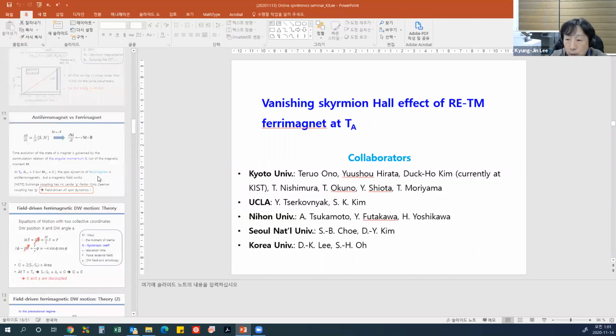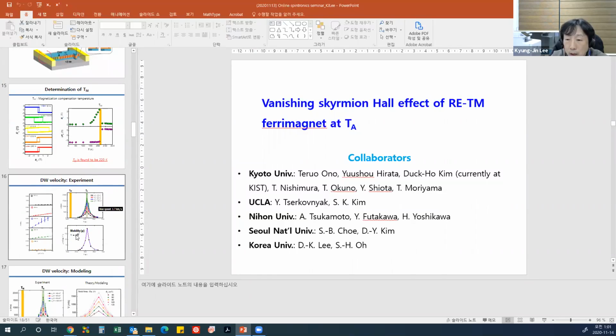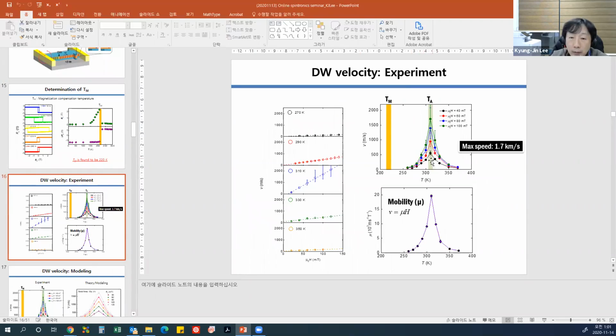In our field-driven domain wall motion, the temperature range is very narrow, but in that paper, and also in the Rucherl Rius ferrimagnet domain wall motion paper, the temperature range is quite broad, wider than 100 K, and still the domain wall velocity is quite fast. So even though it varies with temperature, if the value is over the target value of the specific device, then I think it's fine. Thank you very much. Do you have other questions?